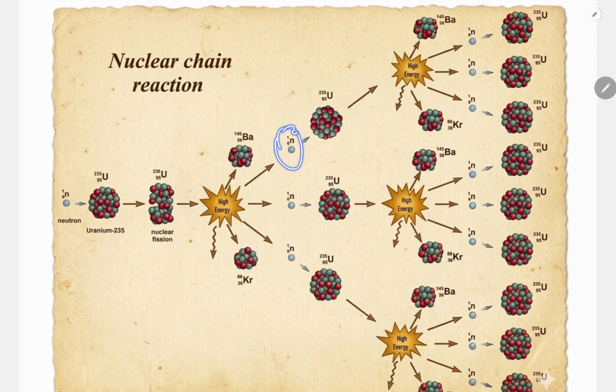So now this neutron is tearing apart this uranium. Similarly, this neutron is also tearing apart this uranium, and this happens thrice, right? And then from there you get the same thing again. You get high energy, you get barium, you get krypton, you get 3 more neutrons, and from the same type of reaction you get the similar things, and here you get the similar things as well.